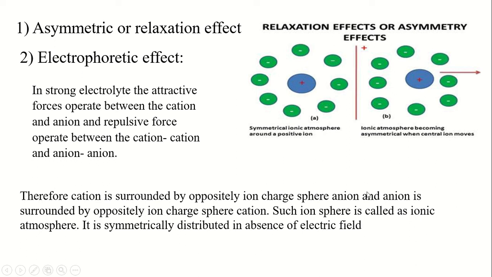Such an ion sphere is called the ionic atmosphere, and it gives a force of attraction between the cation and anion symmetrically. Therefore, the distribution of the anion around the cation, or of the cation around the anion, is symmetrical.